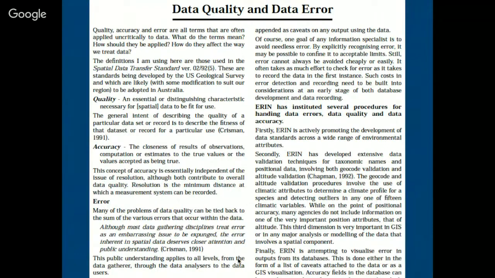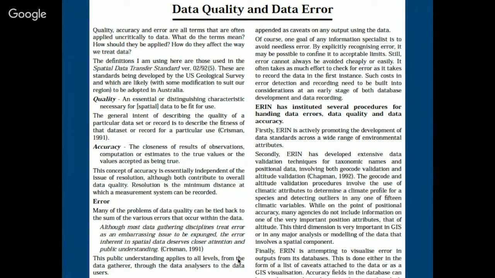One thing that I noticed as I was going through early ERIN documents was the focus on data quality. So even in this extremely early stage where quite a bit of effort was needed just to have access to any data, I'd like you to notice that there's a lot of focus on data quality.